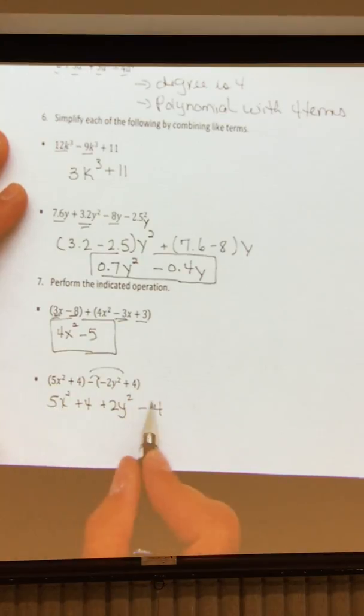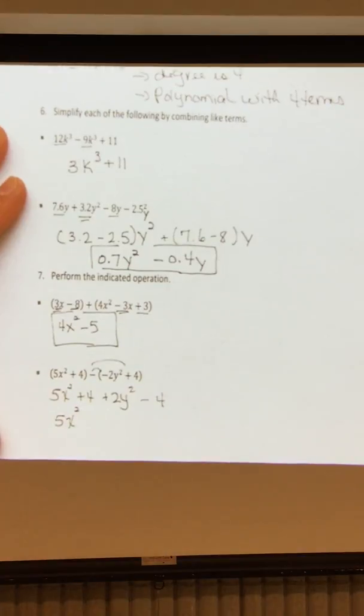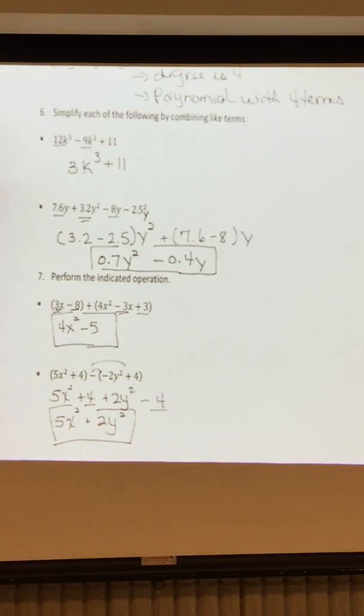We have 5x squared. We don't have any other x squared terms. So we keep it. Same with the 2y squared. But the positive 4, negative 4 cancels, leaving us with our answer of 5x squared plus 2y squared. And that completes Chapter 5, Sections 1 and 2.